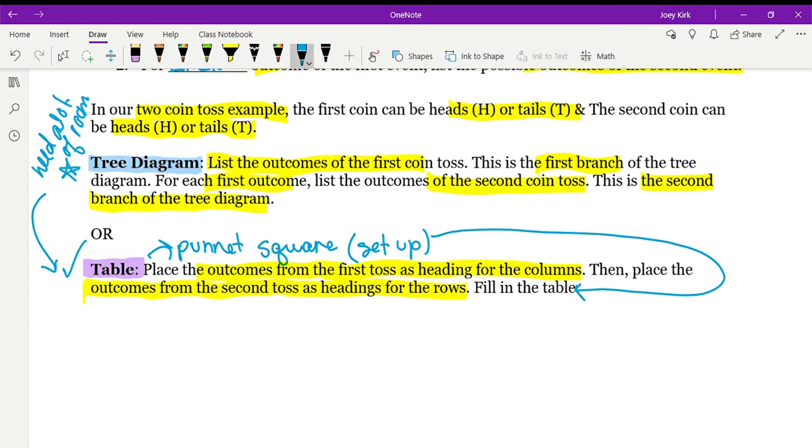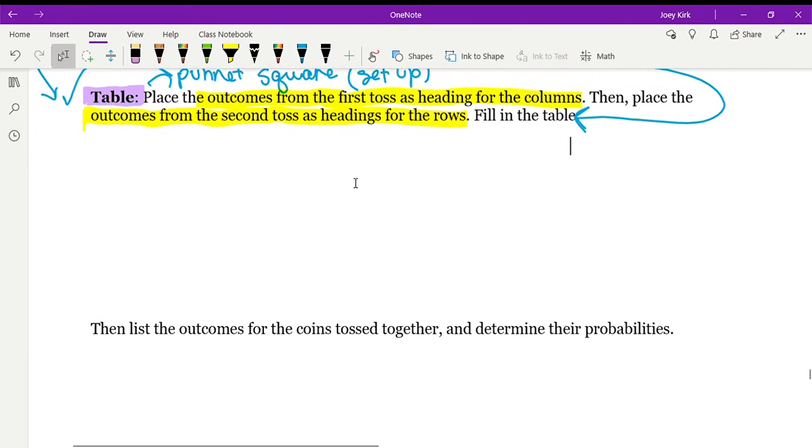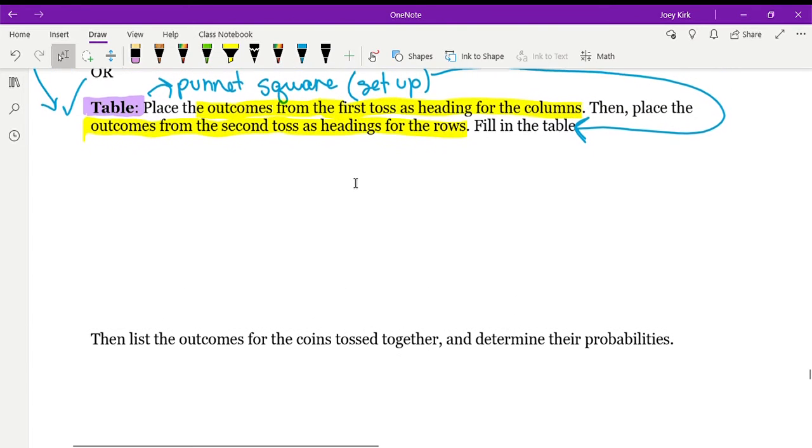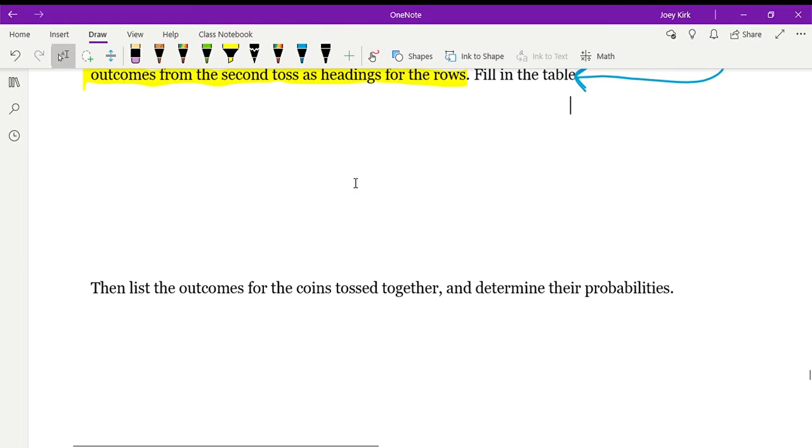Mostly it's this part right here, filling in the table. But for this example, I'm going to actually do both for you, so you can see what they both look like. Okay? All right. So we are doing a 2-coin toss, and I'm going to just rewrite this here. 2-coin toss.